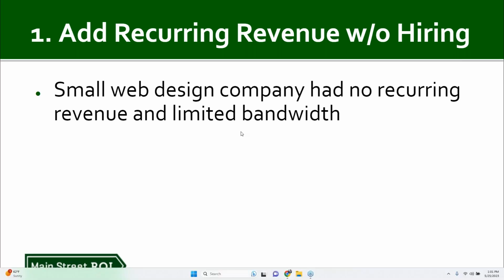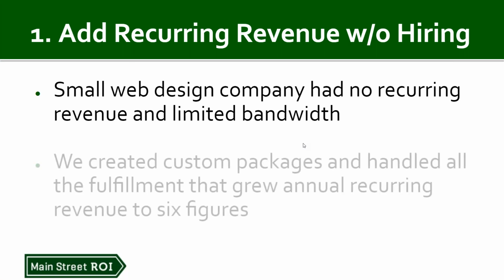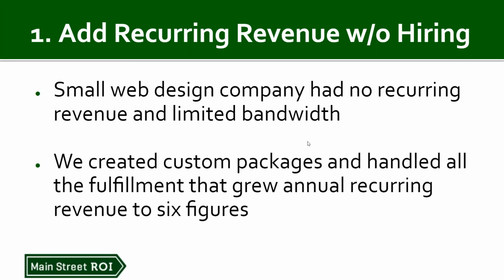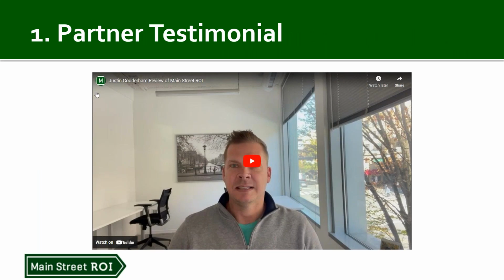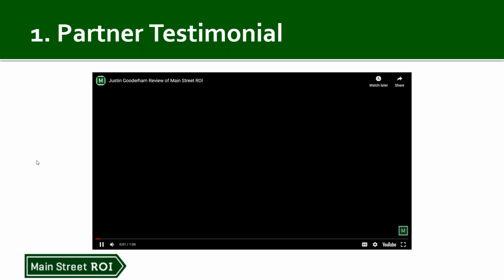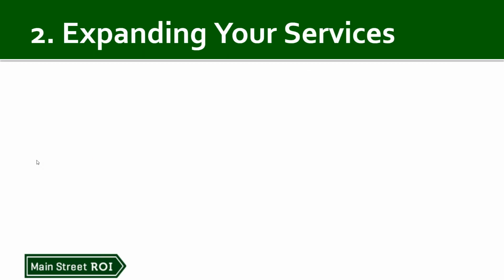So example here, we worked with a small web design company that had no recurring revenue, and we worked with them, created custom packages, and we handled the fulfillment, and grew their annual recurring revenue to 6 figures. We actually have a testimonial video here, which I had a link to previously, so you can watch that afterwards.